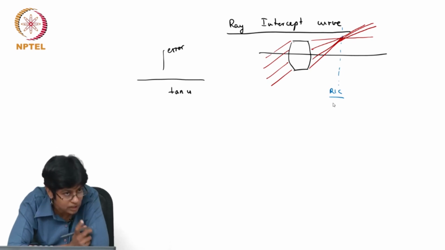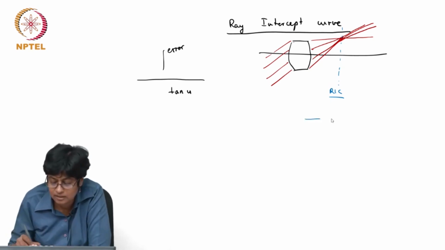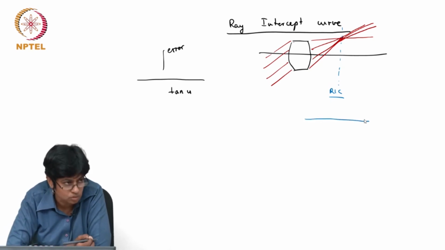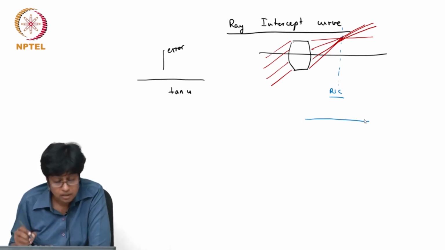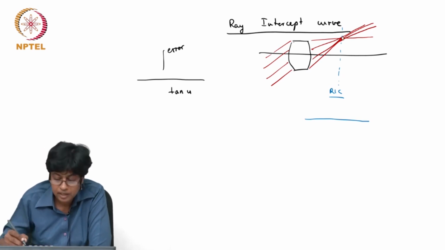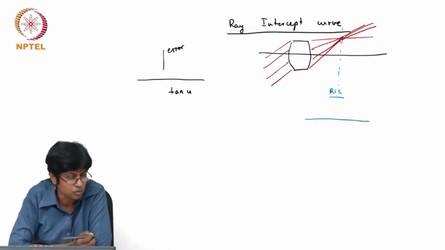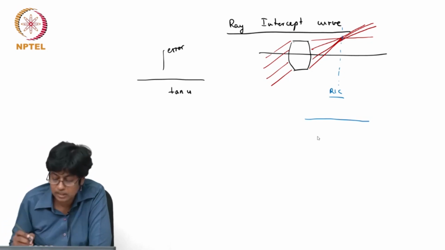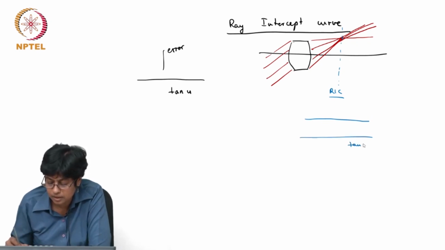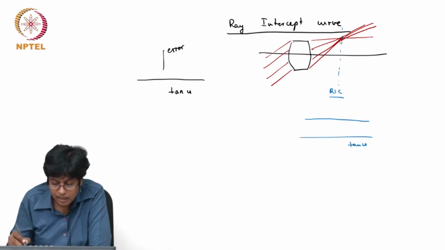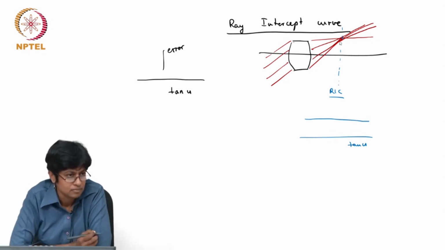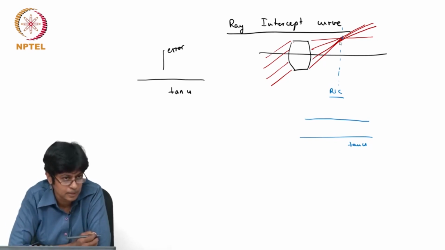Straight line, but not a vertical straight line, a horizontal straight line, because the error is the same, is 0, in fact, in this case. So it's a horizontal straight line. They all have the same value over here, so it doesn't matter. So if this is tan u, they all have the same height. It's constant.